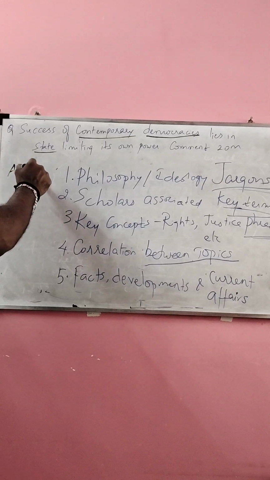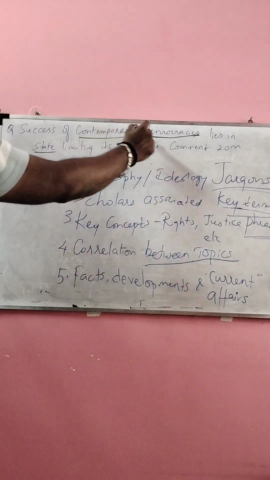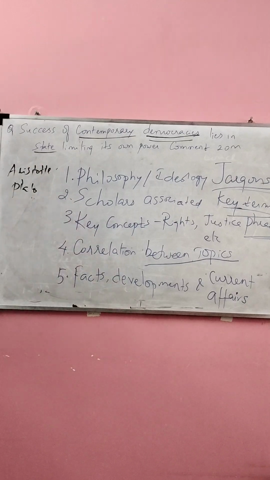Aristotle and Plato were two important scholars who held views regarding democracy. According to Plato and Aristotle, democracy is not the desirable form of government. They wanted monarchy. Monarchy is the best form according to both Plato and Aristotle. According to Plato, monarchy is the best government, ideal government. Aristotle was ready to accept other forms of government even though he also wanted monarchy.